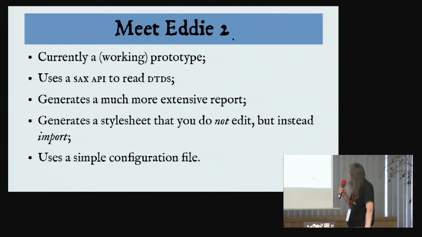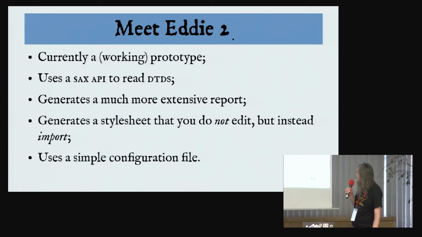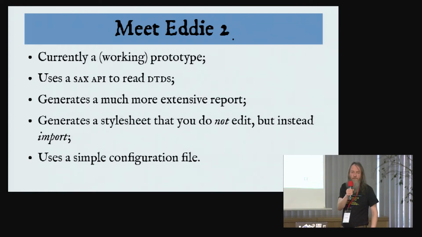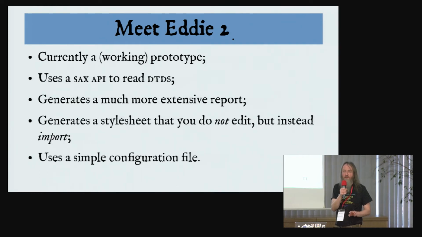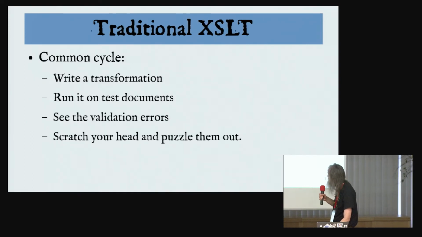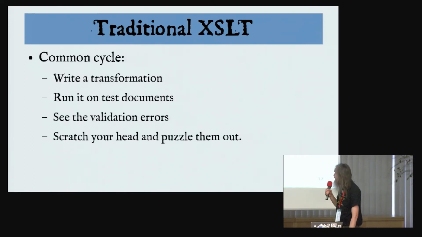It generates a much more extensive report than the other tools. And it generates a style sheet that you do not edit, but instead you import it. And it uses a simple configuration file where you tell it which elements you've handled in your XSLT. That sounds weird, doesn't it? That's so that we have this cycle.